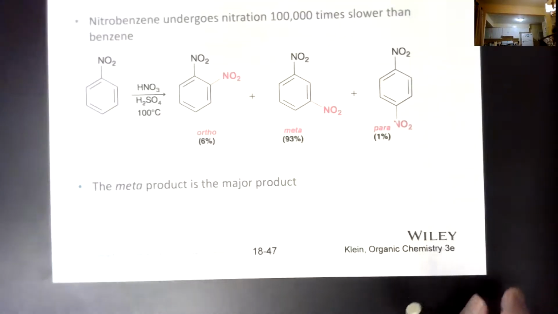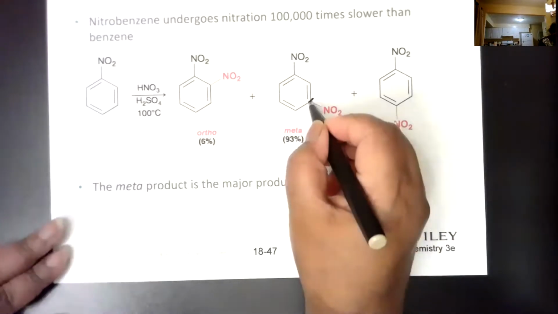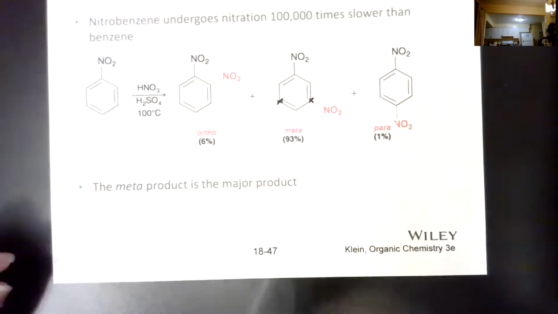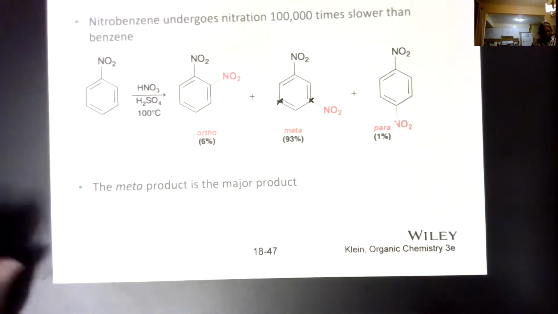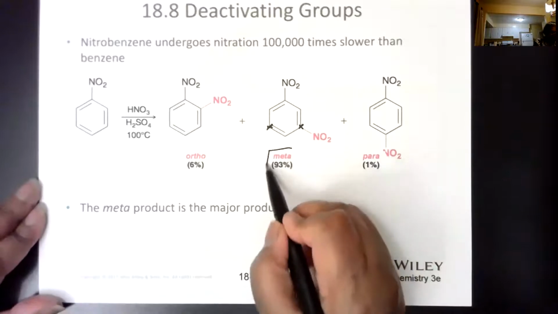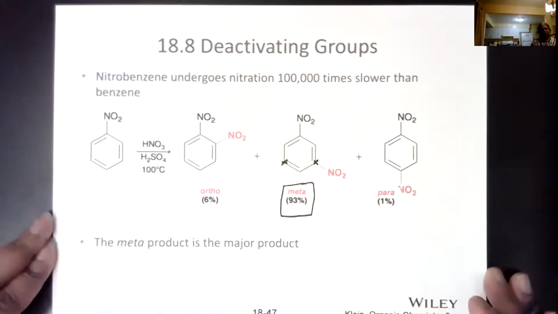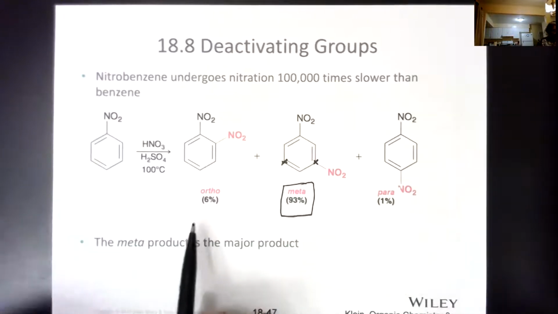Now we'll see the result of all of these things. Like I said, the ortho positions are not electron rich. Only the two meta positions are electron rich compared to the other positions. And therefore, look at this. You get 93% of the meta and 6% of the ortho.